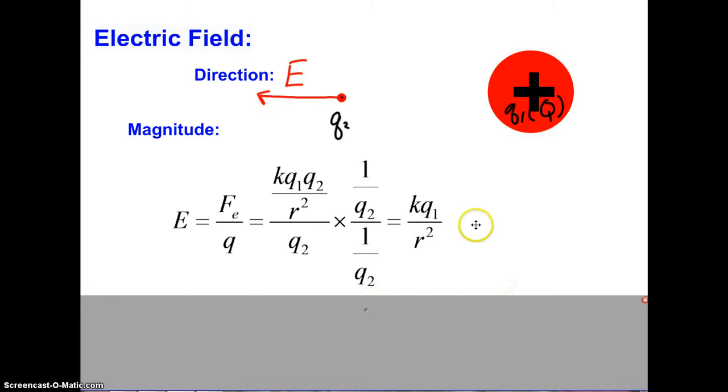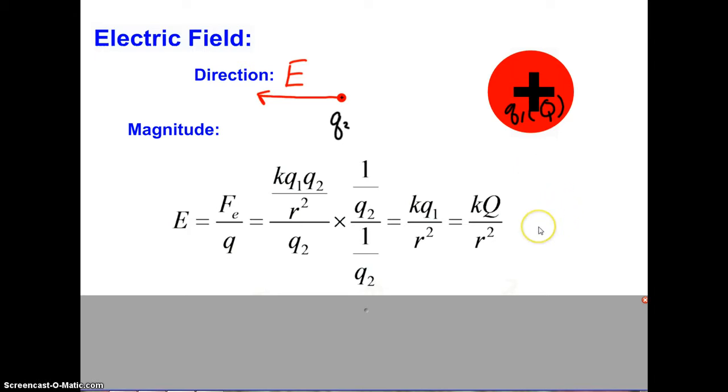If we say that Q1 is the larger charge over here to the right, we can abbreviate that K big Q over R squared as a reminder that the Q in that equation is the source of the charge itself.